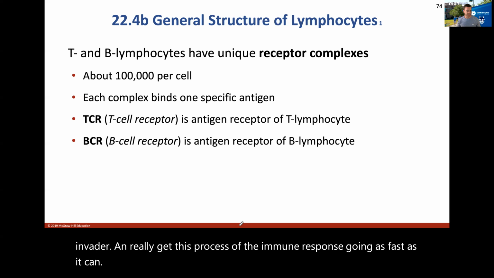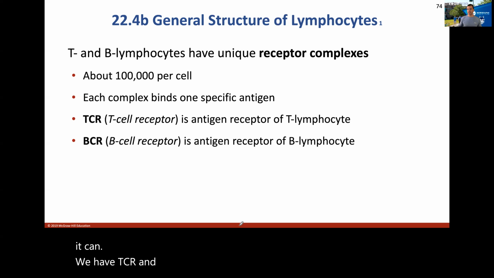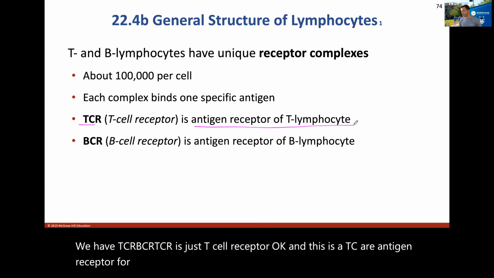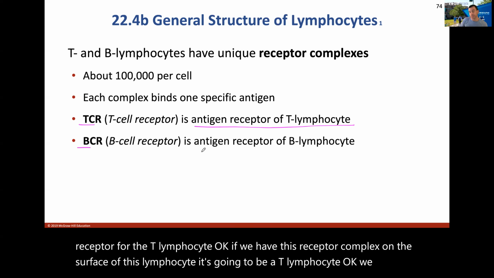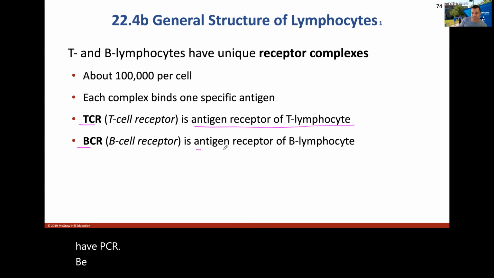We have TCR and BCR. TCR is just T cell receptor, okay? And this is a TCR antigen receptor for the T lymphocyte, okay? If we have this receptor complex on the surface of this lymphocyte, it's going to be a T lymphocyte, okay? We have BCR, B cell receptor, and this is the antigen receptor that we find on B lymphocytes.